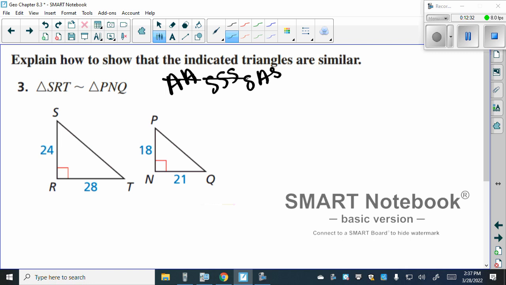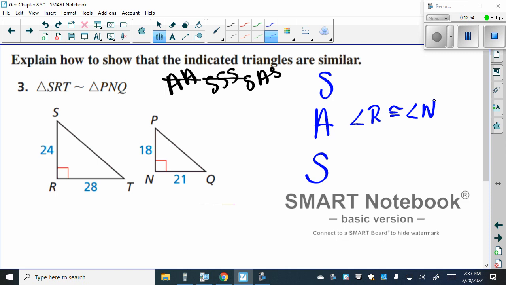But the last one, side angle side, am I given 2 sides with an angle in the middle? Okay, so why use the Pythagorean theorem when we have another way that works just fine as is? So let's use side angle side. So angle R is congruent to angle, because they're both right angles. Now we just need to make sure the sides are proportional.